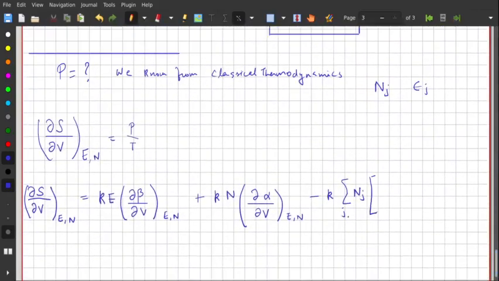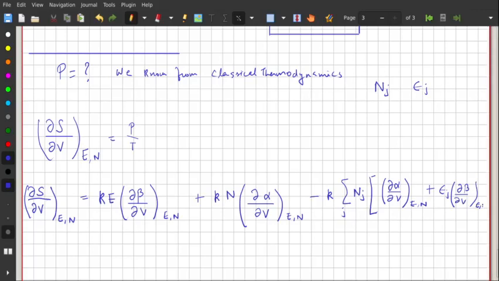So this becomes minus K sum over j of n j times partial alpha partial V at E comma N, plus epsilon j partial beta partial V at E comma N, and then the product rule second term, where we keep beta constant and differentiate epsilon j with respect to V at E comma N.